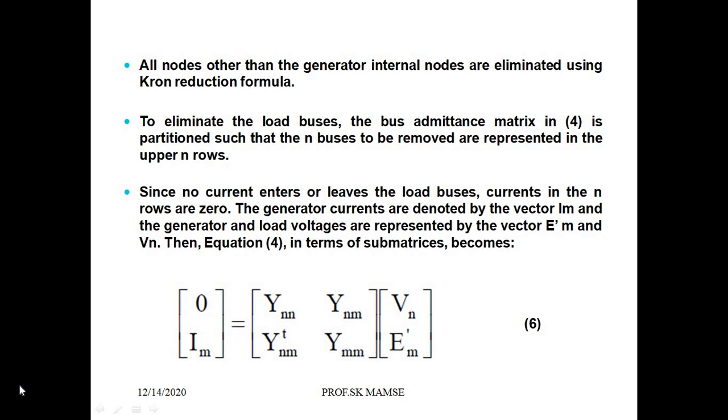The generator currents are denoted by the vector Im, and the generator and load voltages are represented by the vectors Em and Vn.